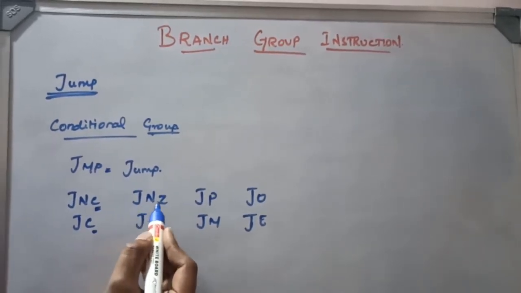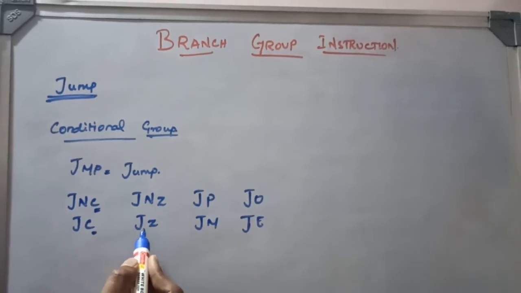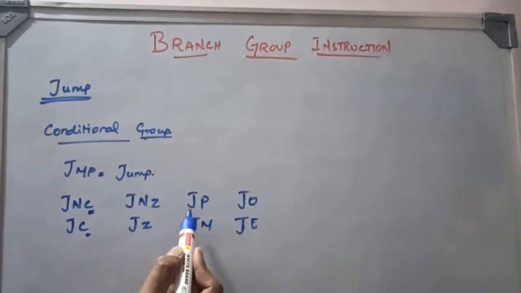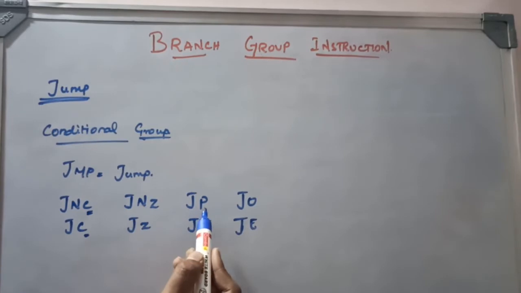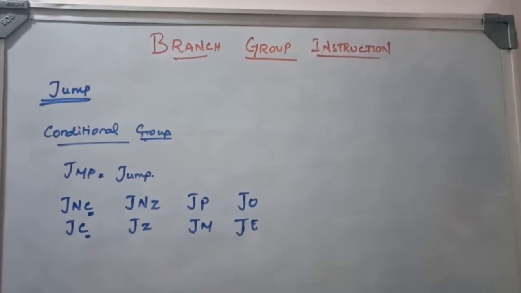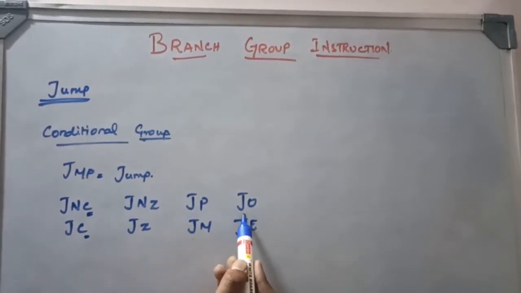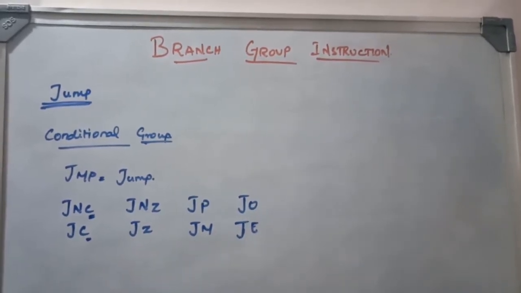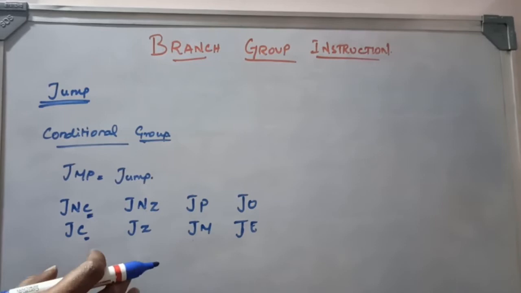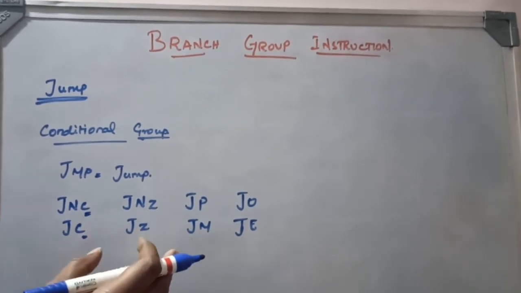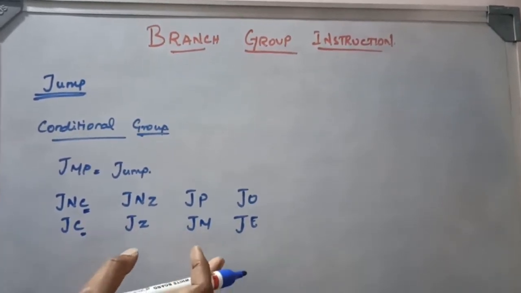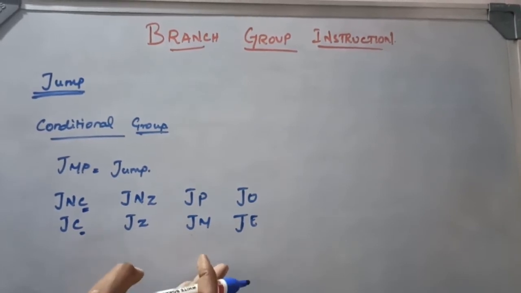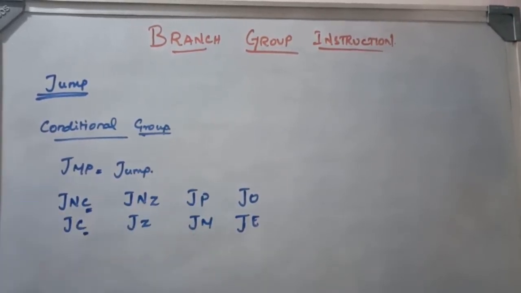JNZ is jump on non-zero, JZ is jump on zero, JP jump on positive value, JM jump on minus, negative value, JPO jump on odd parity, JPE jump on even parity. Just check the status: if the status is true, it goes to the location. Whatever location you specify in the instruction, that location is passed to the program counter.